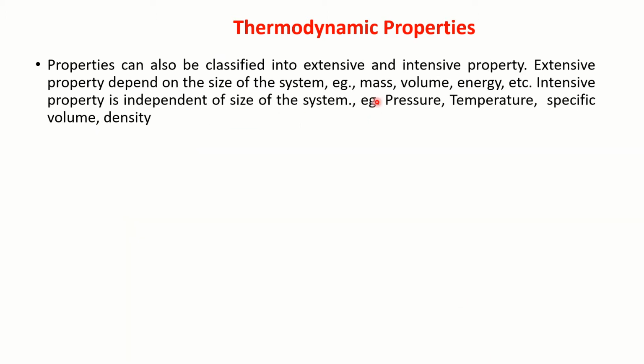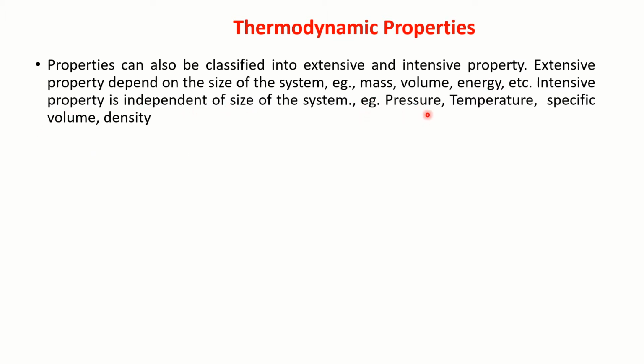Thermodynamic properties can also be classified as extensive properties and intensive properties. Extensive refers to the size; intensive is independent of the size. For example, an extensive property depends on the size of the system: mass, volume, energy, etc. An intensive property, as I mentioned earlier, is independent of the size of the system.